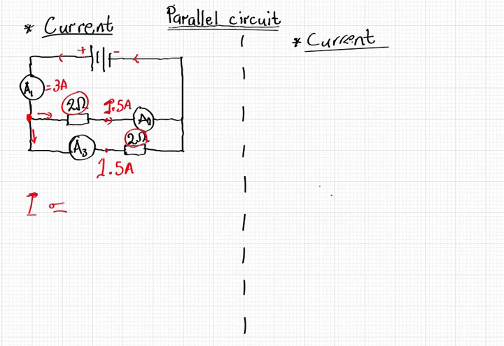That's okay. So I1, which is the current here of 3 amps, is equal to I2, this is ammeter number 2, right? Then that's I2 plus I3 from ammeter 3.